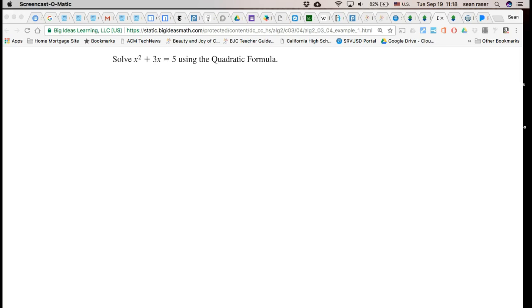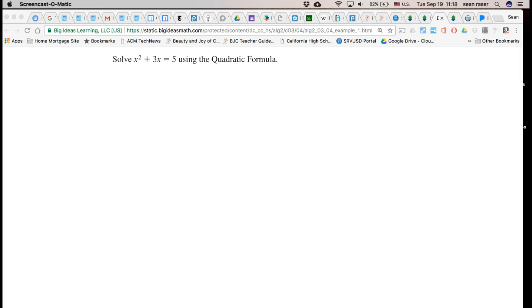But sometimes you're going to find quadratics that, for a variety of reasons, aren't able to be factored, they're not perfect squares, or completing the square becomes too messy and complex. So there's an alternative method that you can use, which is called the quadratic formula. This is something you were all introduced to in Algebra 1.